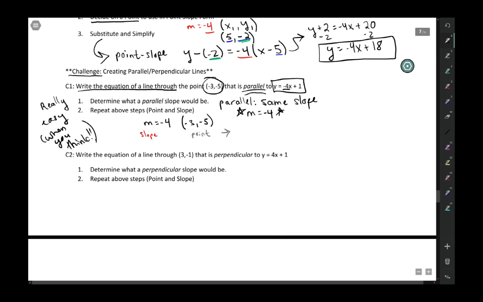So it's going to be y minus -5 equals our slope is -4, x minus -3, distribute: -4x. That'll be a +3 times a -4 would be a -12.